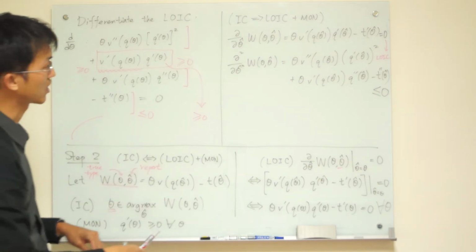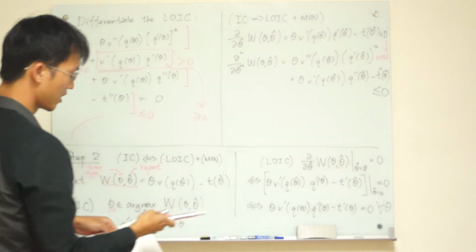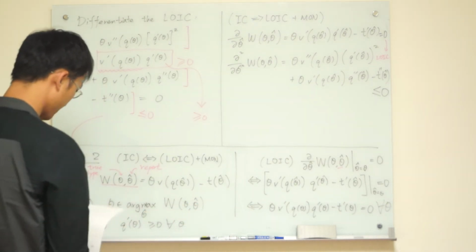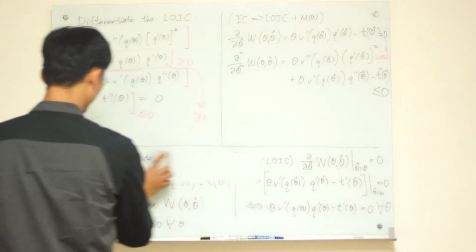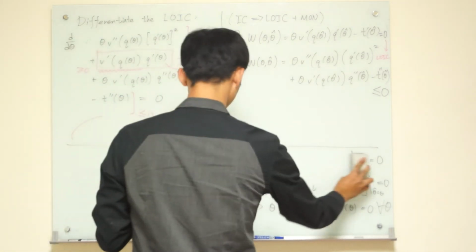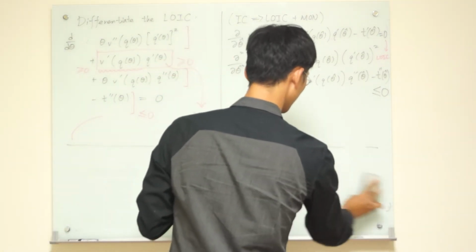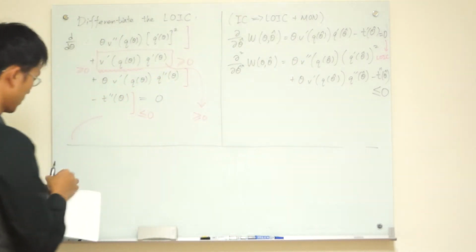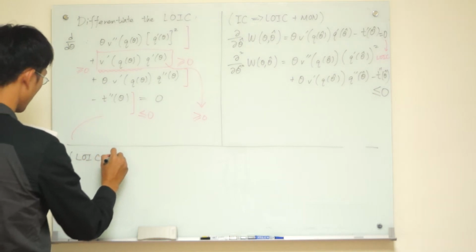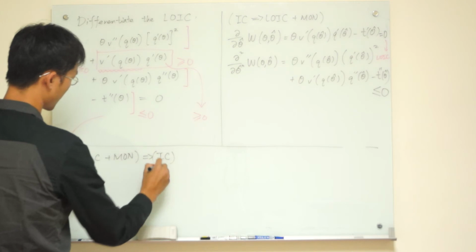Okay? Let's complete our first direction from IC to the other two things. Now we need to show that from the other two things we have the IC constraint. So now I want to show that local IC plus monotonicity gives us the IC constraint.